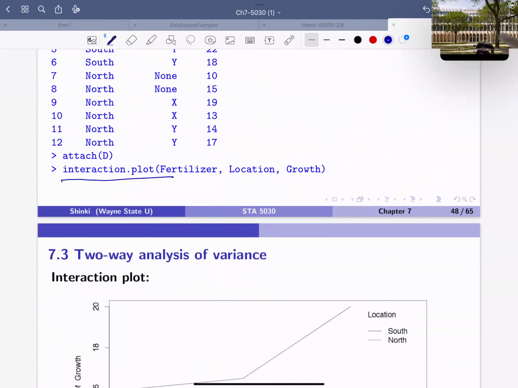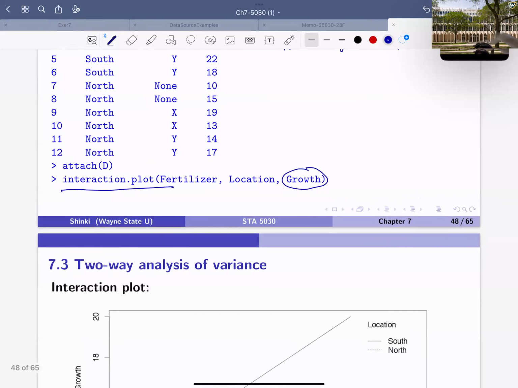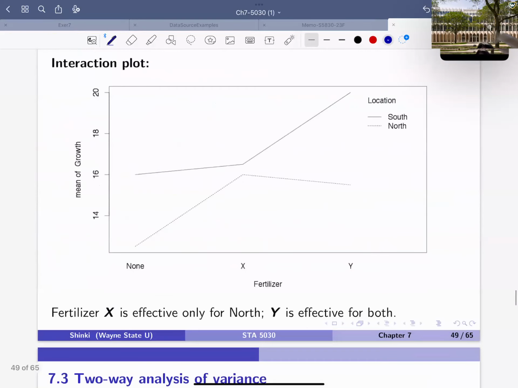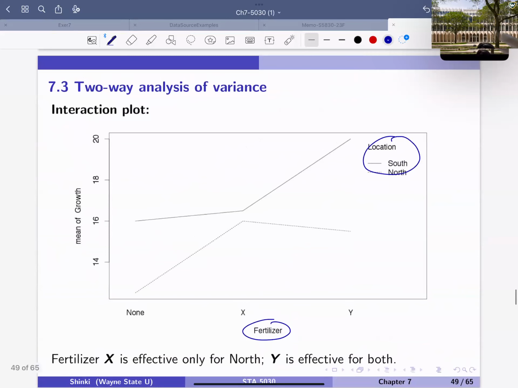And we can make an interaction plot by this interaction: fertilizer, location, growth. So growth, we have multiple measurements, so we take the mean of growth. Then we can see this. So this is fertilizer and this is location. And depending on location, the effect of fertilizer is different.